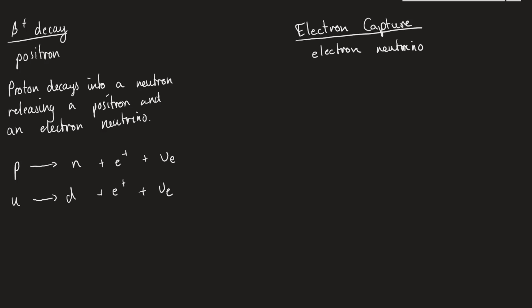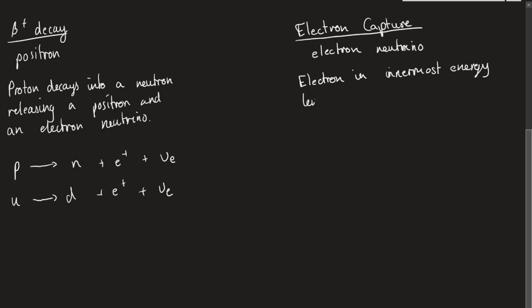So electron capture is where, if we have an electron in the innermost energy level, what happens to it is it's essentially attracted to the protons in the nucleus, so it is pulled into the nucleus by the electromagnetic force.